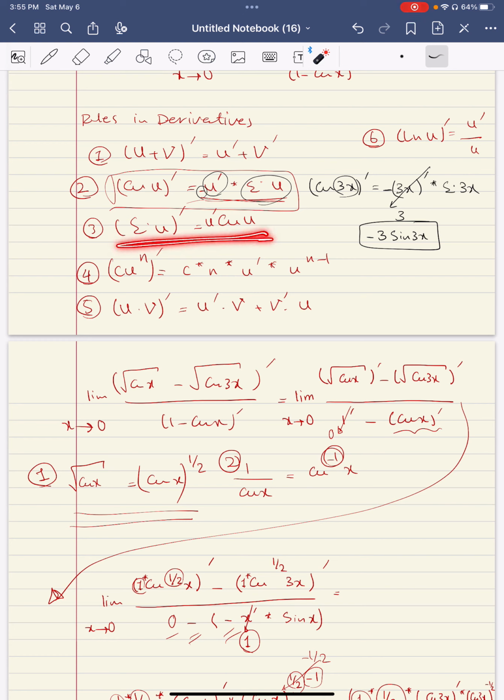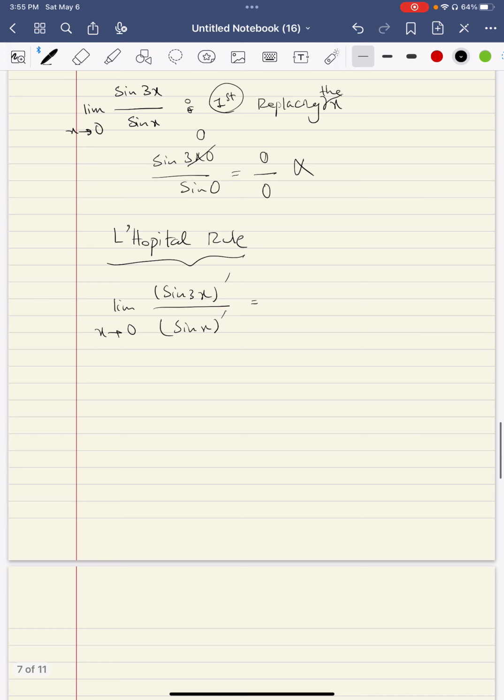Based on this formula, sine u is u prime times cosine u, so sine 3x would be 3x prime times cosine 3x, over sine x prime, which is cosine x.